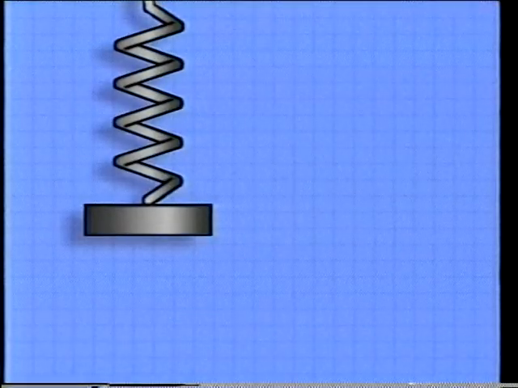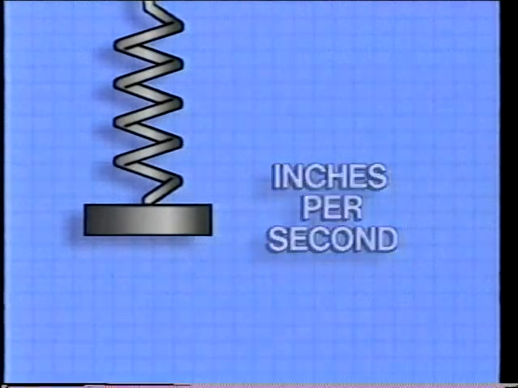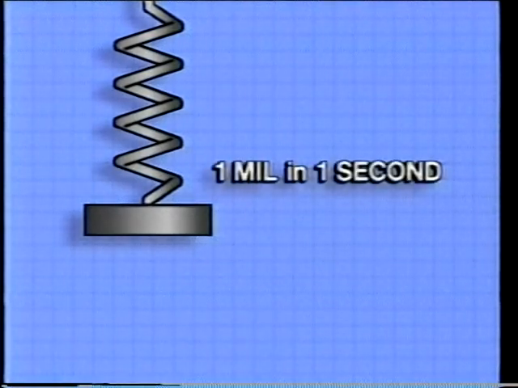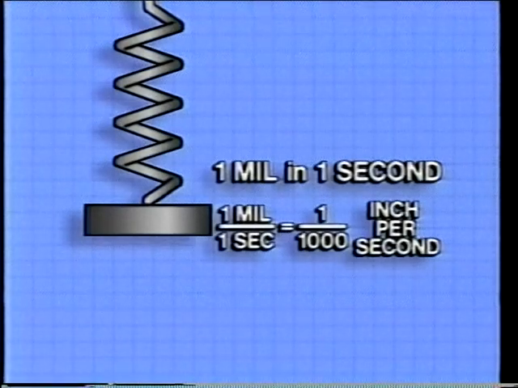Another term that's associated with vibration is velocity. Velocity is a measurement of the distance that an object travels in a given period of time. The velocity of a vibration is normally measured in inches per second. For example, if the block travels 1 mil in approximately 1 second, then the velocity of the block is 1 mil divided by 1 second, or 1/1000th of an inch per second.